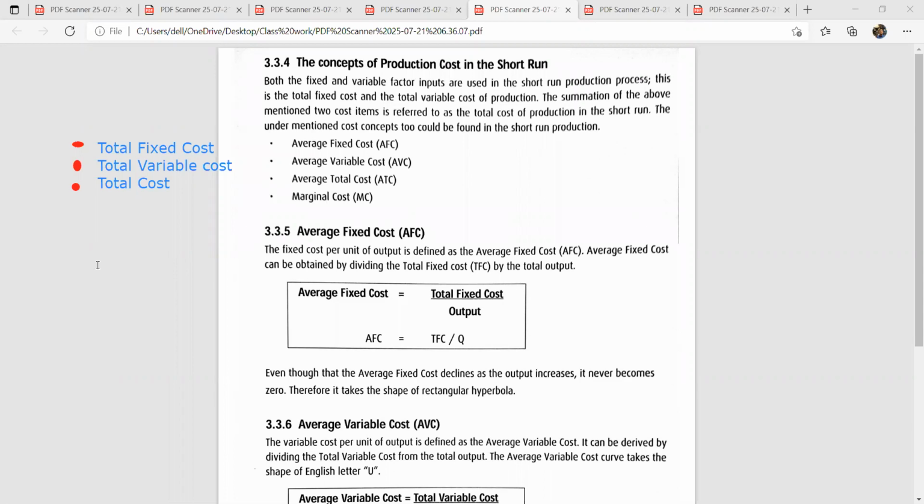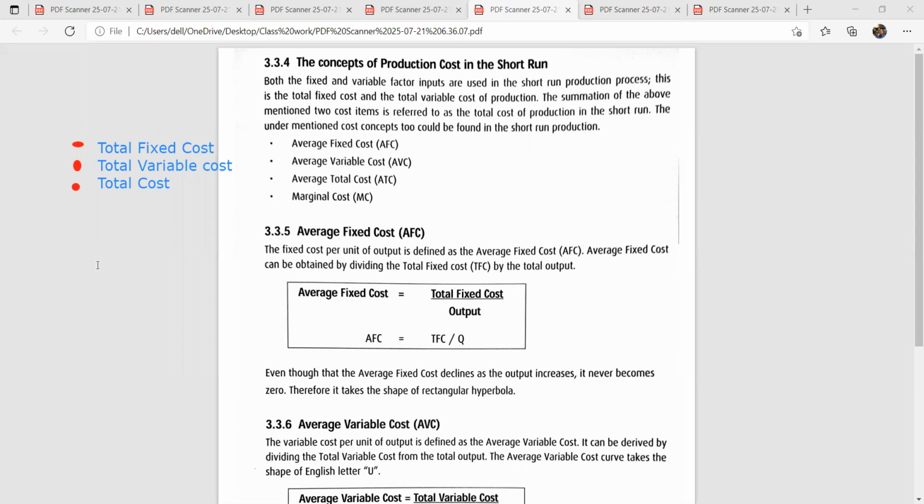So the total cost means the combination of total fixed cost and total variable cost. Total fixed cost may include a number of cost items, such as rent and insurance. But variable cost may include wages, cost of raw materials, and so on. Then the total cost means the combination of these two.